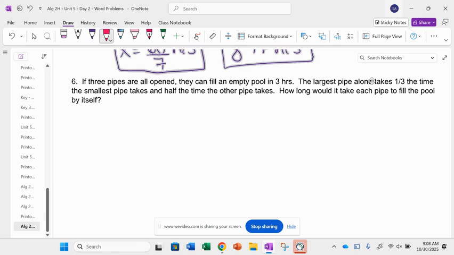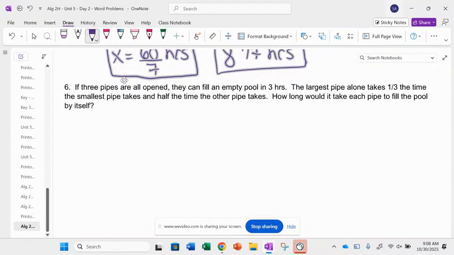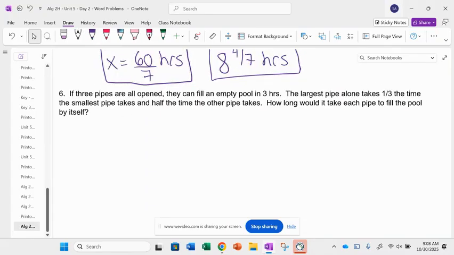So when it says the largest pipe alone takes 1/3 the smallest pipe, we can say the smallest pipe is what to the largest pipe? Good. So I'm going to look at it as the smallest is 3 times largest.